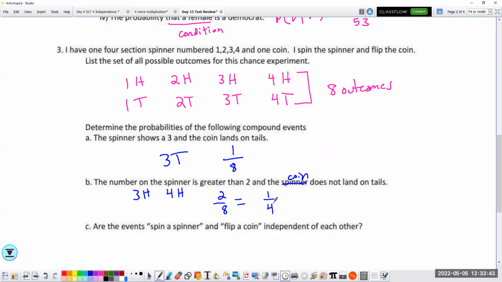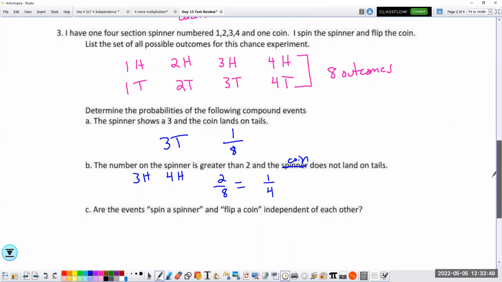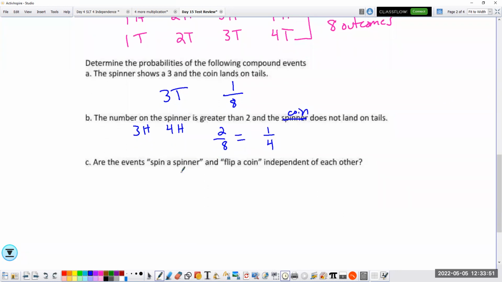to 1/4. Are the events spin a spinner and flip a coin independent of each other? Well, I know they are because I know that spinning a spinner does not affect flipping a coin and vice versa. So what I need to do is pick one event from spinner and one event from coin and show that the conditional will be the same.